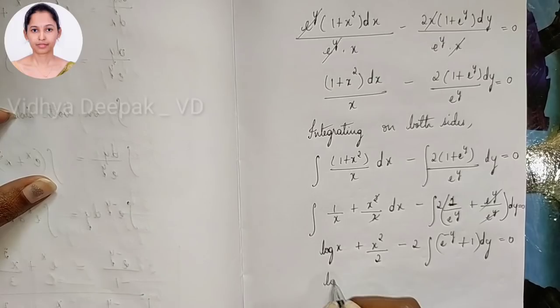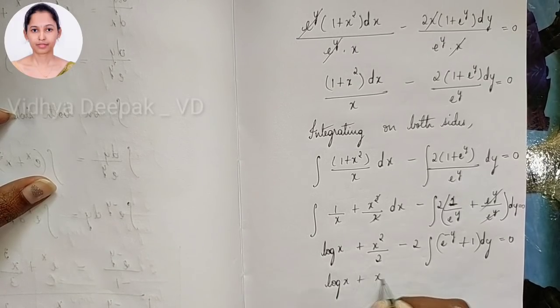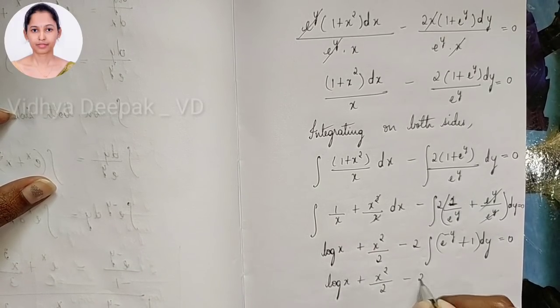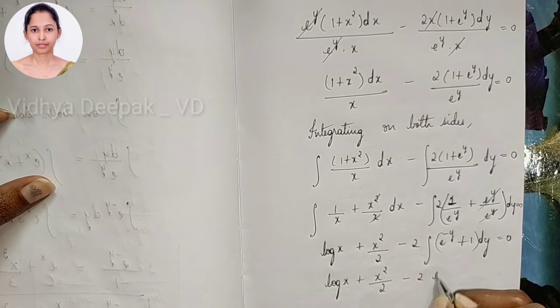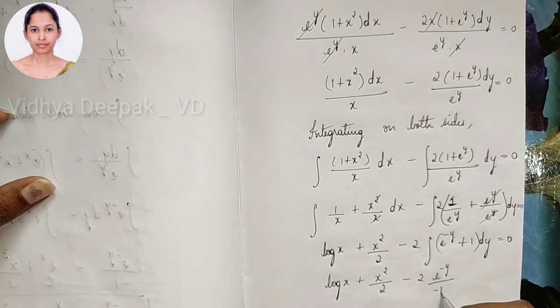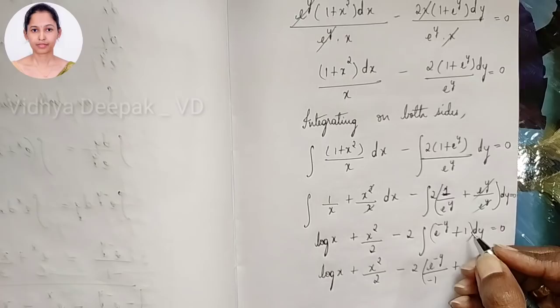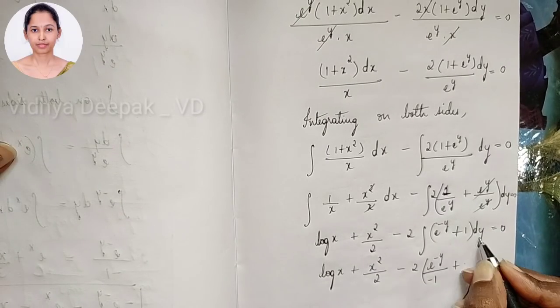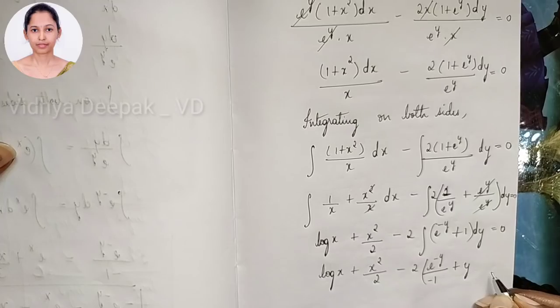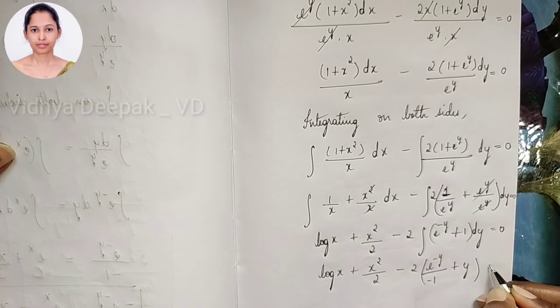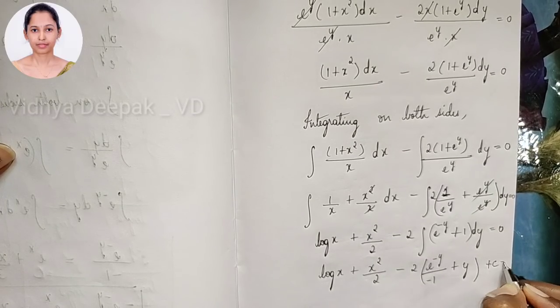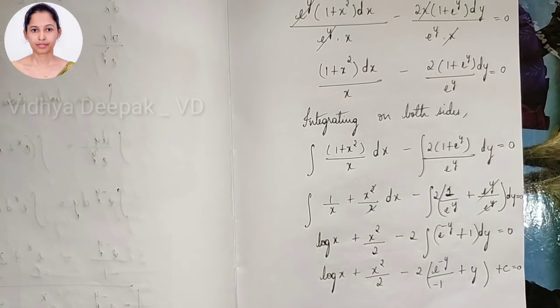So this is log x plus x square by 2 minus 2 into, this will be e to the power of minus y divided by minus 1 plus integration of 1, with respect to y, it is y plus c is equal to 0.